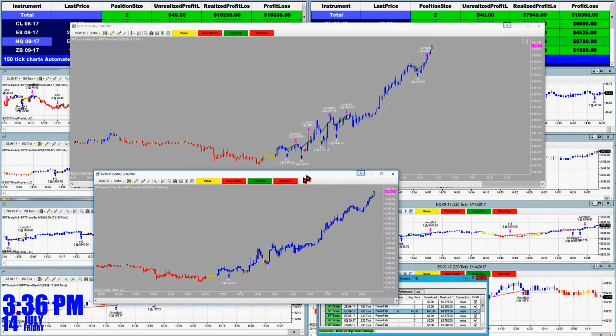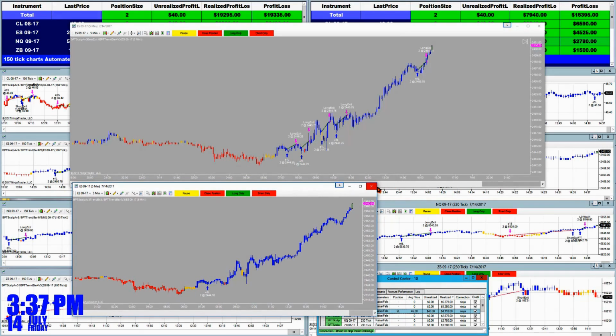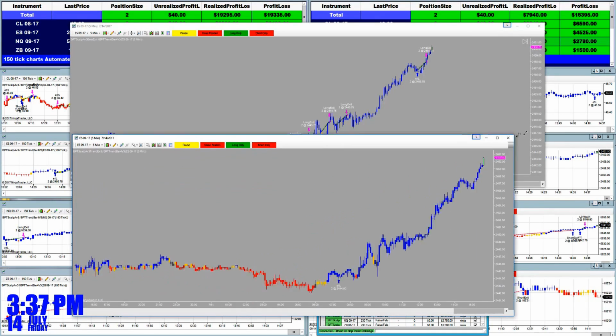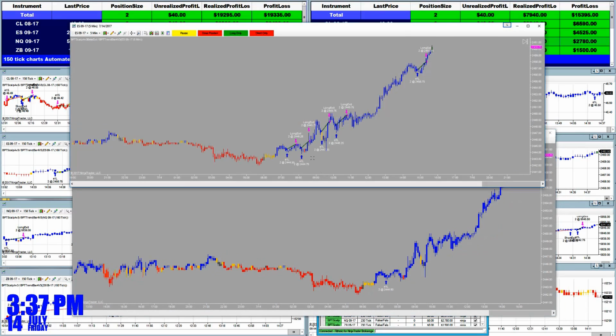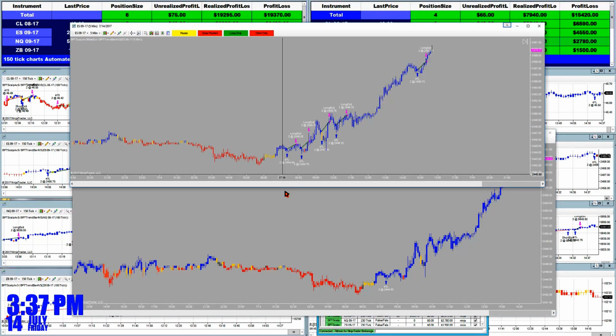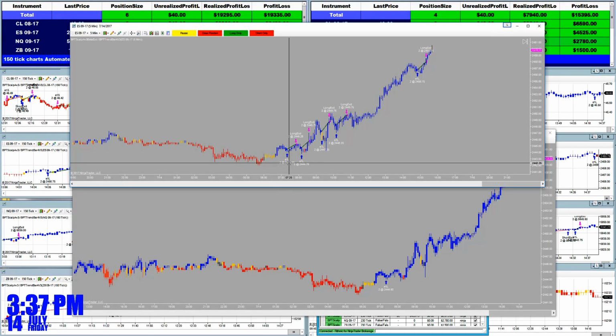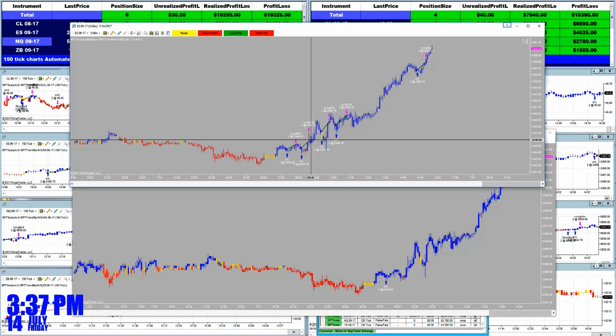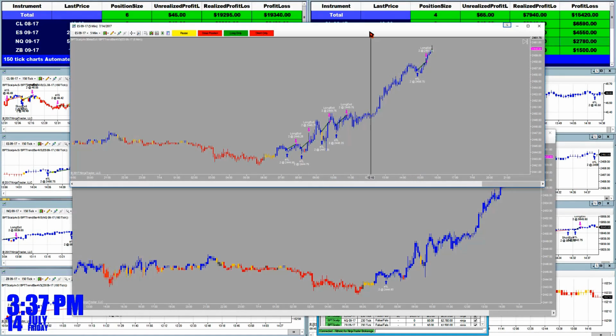On the swing trading, we have the same entry, 44.50, the first trade on the swing trading, and we are still in that trade. And the scalper entered at 44.50 and took 1 trade, 2 trade, 3 trade, 4 trade, 5 trade.